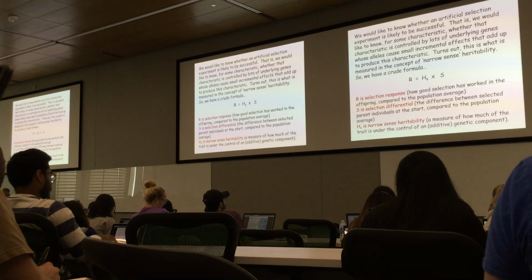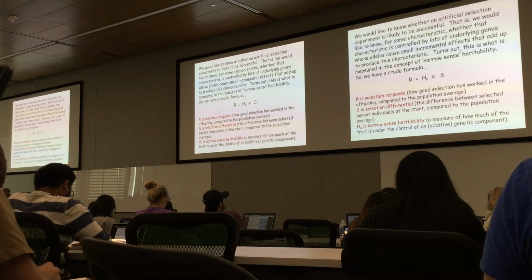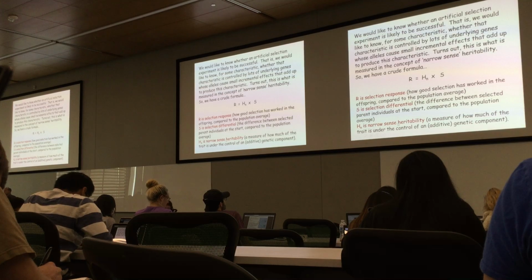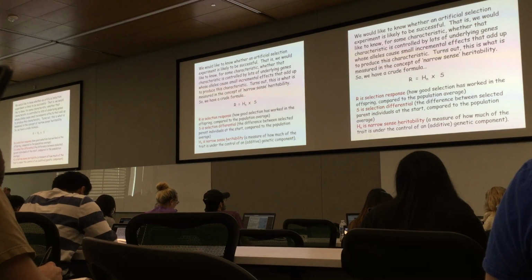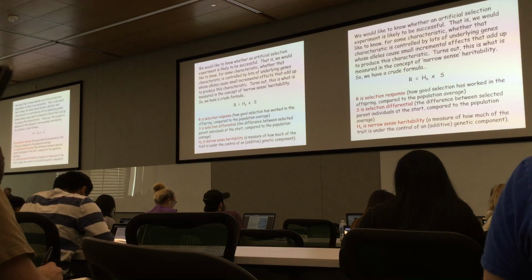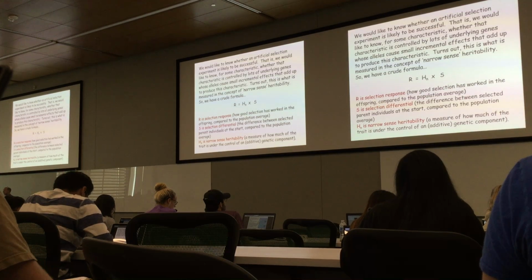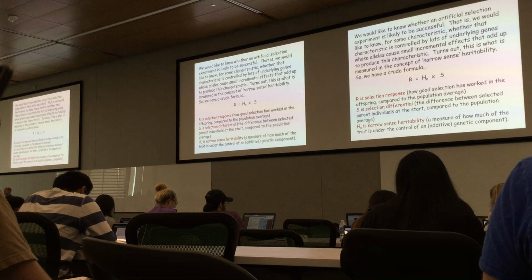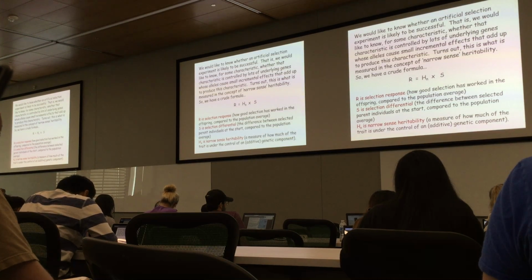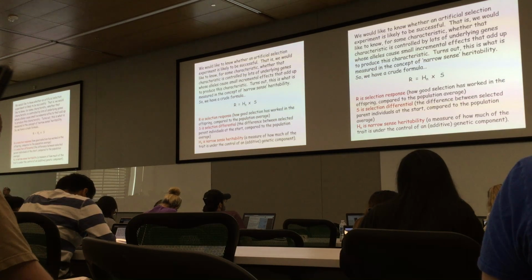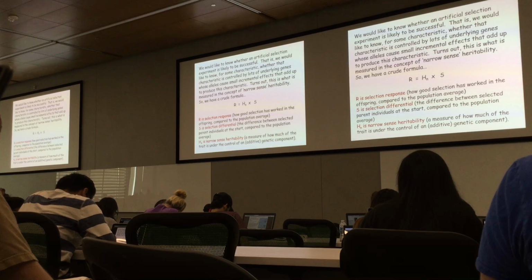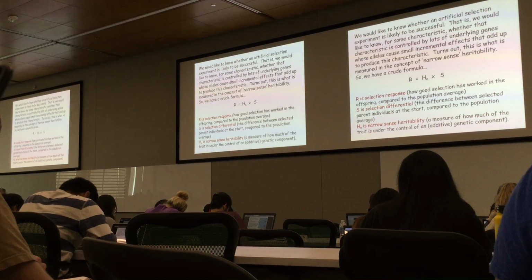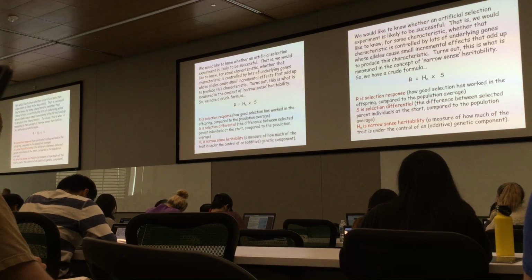The h² is the narrow sense heritability. That is basically a sense of the proportion of this particular phenotypic characteristic that has underlying genetic basis across all the thousands of genes in that organism. So if it's strongly genetically controlled, then we're more likely to be successful. If there's virtually no genetic control, then we're not likely to be successful.